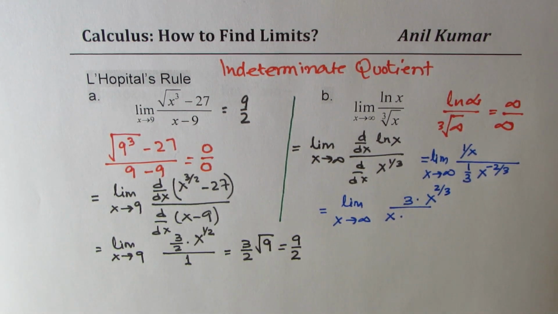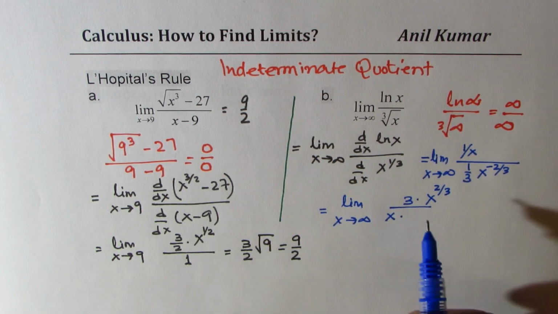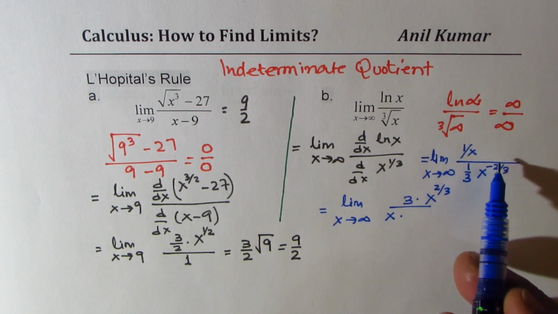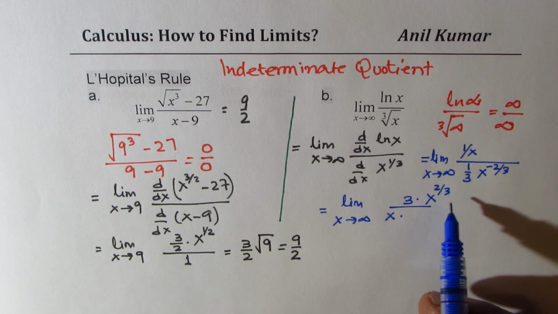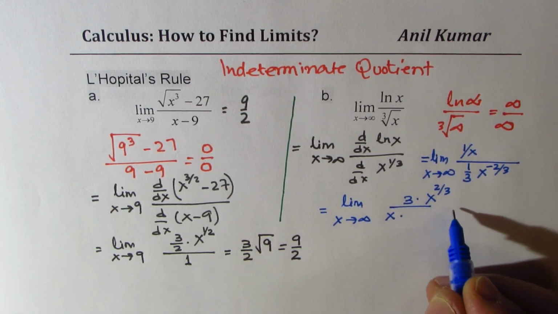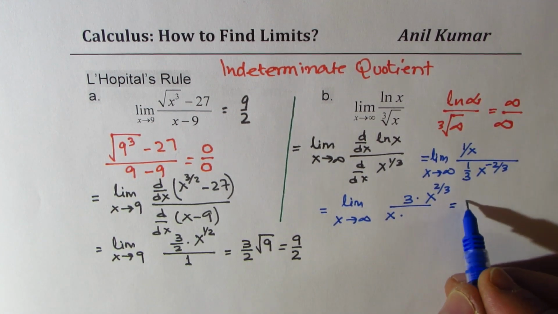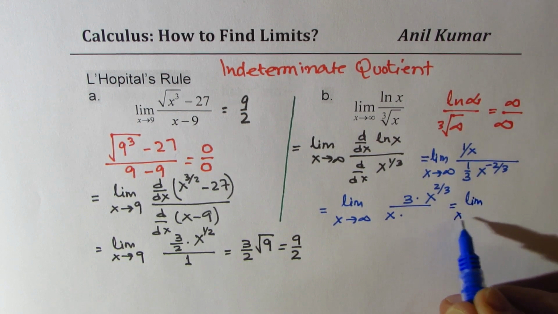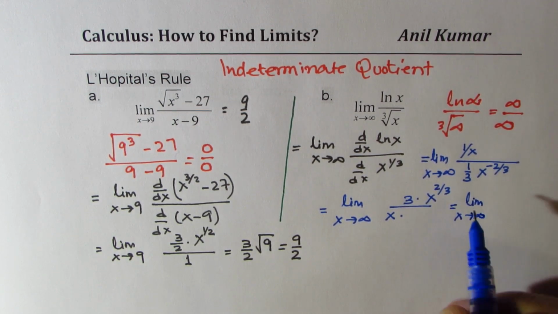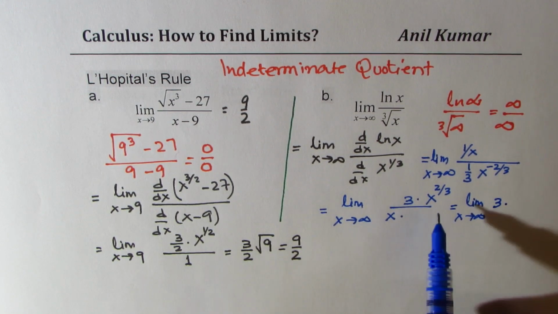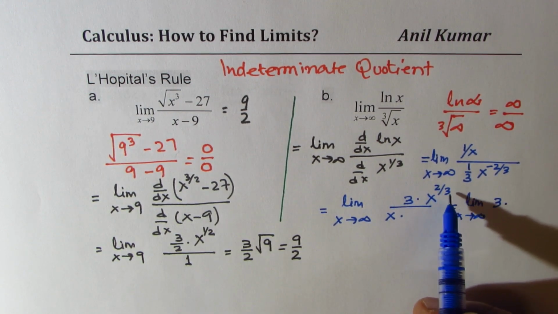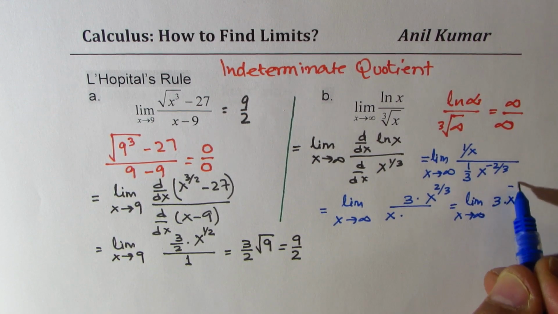So you could write like this. Now, you could say x to the power of minus 1, which is equal to the limit as x approaches infinity for 3 times x to the power of 2 over 3 minus 1, which is x to the power of minus 1 over 3.